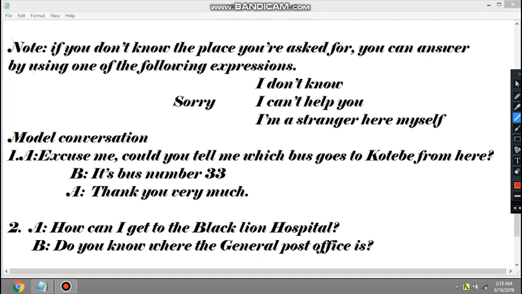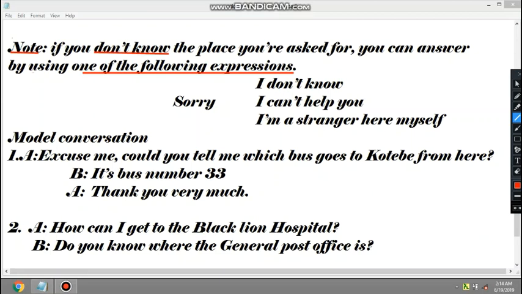If you don't know the exact place you are being asked about, it's best to answer with one of the following expressions. Otherwise we may mislead people in the wrong direction, and it's inappropriate in general.